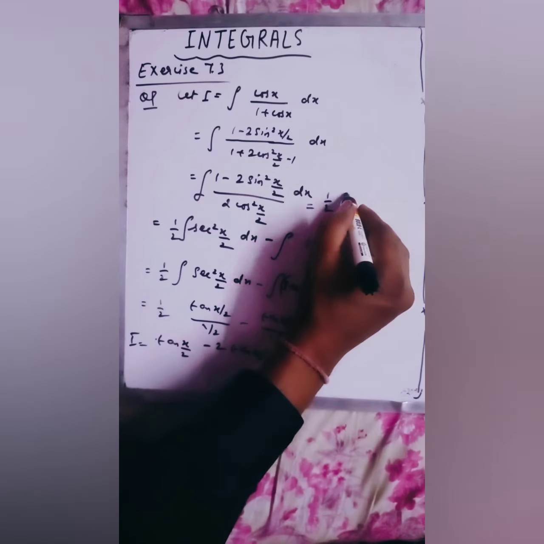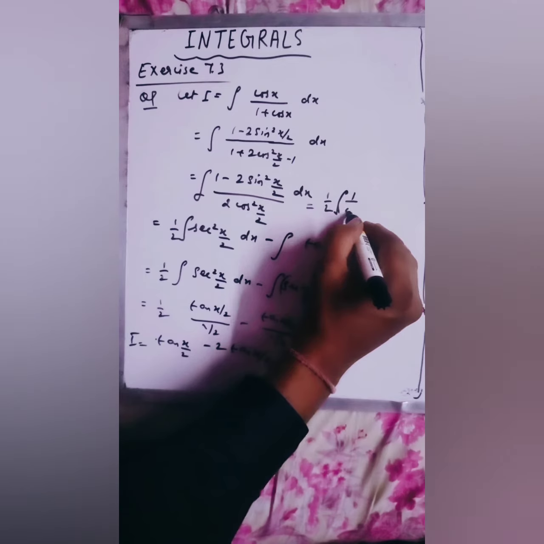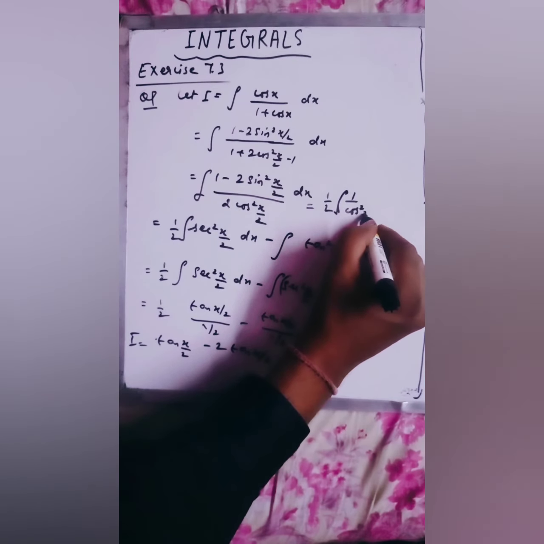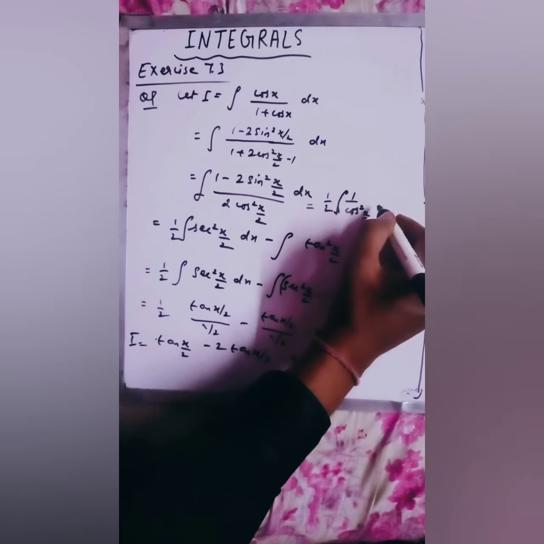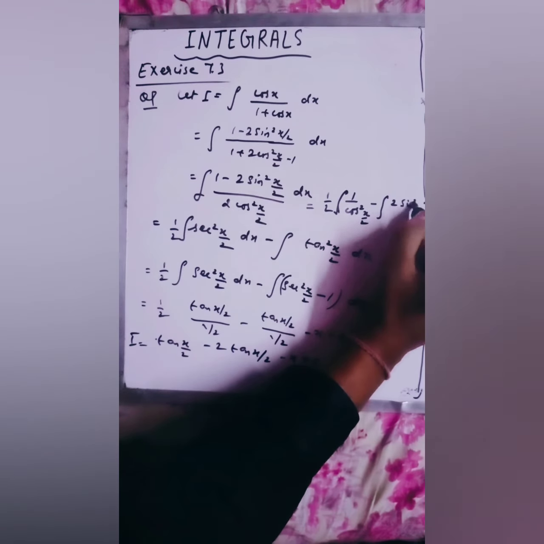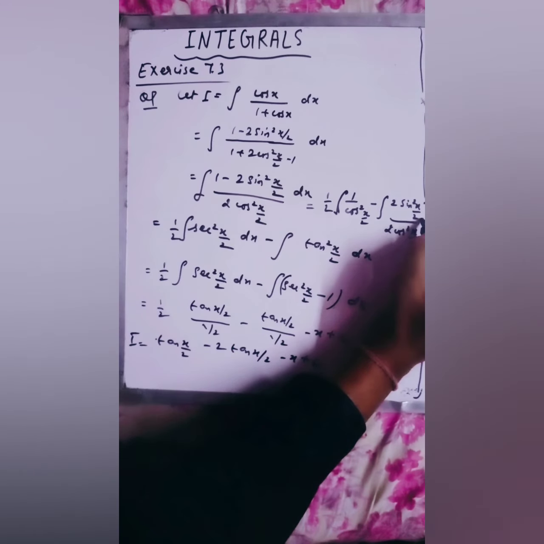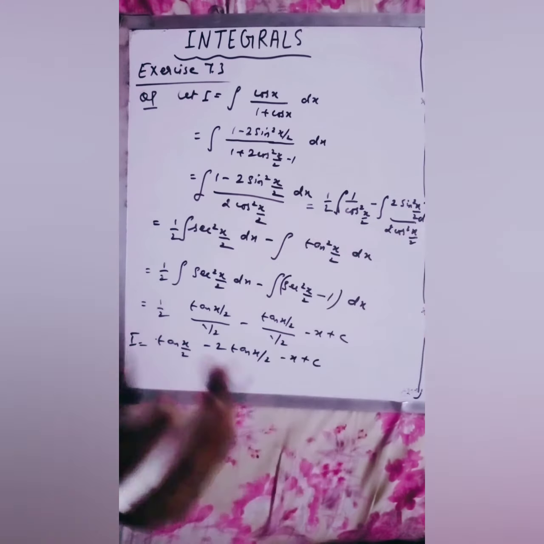Half integral of 1 by cos square x by 2, minus integral of 2 sin square x by 2 over 2 cos square x by 2 into dx.